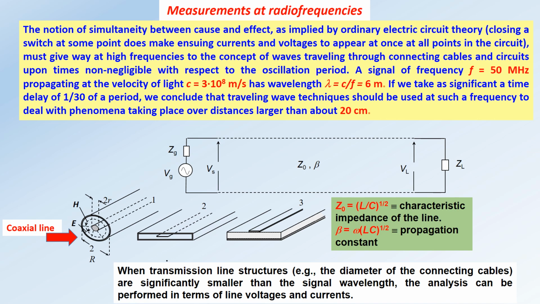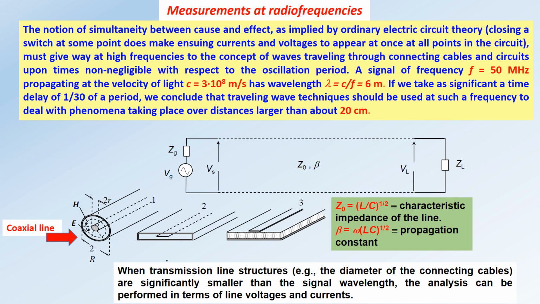In the figure, different transmission line structures are recorded, cylindrical on the left, planar in the middle and on the right. Then there is the scheme of the impedance of the line.